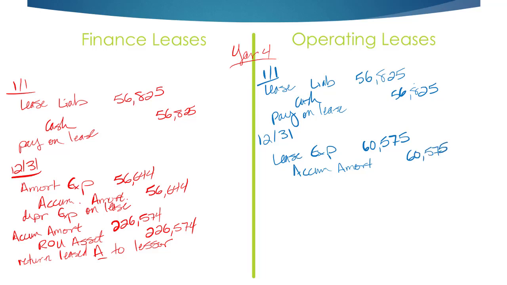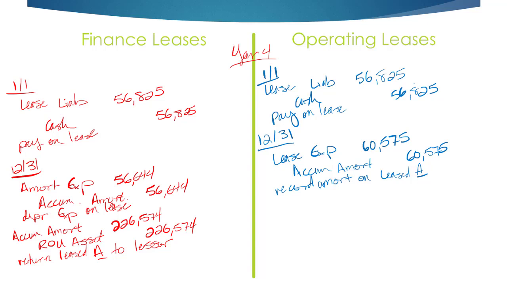6575. This is to record amortization or depreciation on leased asset. Just like we had to do with the finance lease, we got to get this off our books. It's not ours anymore. So let's figure this out.